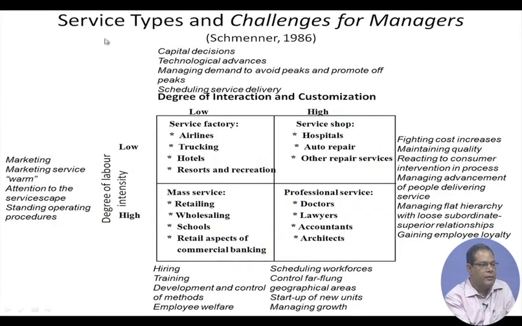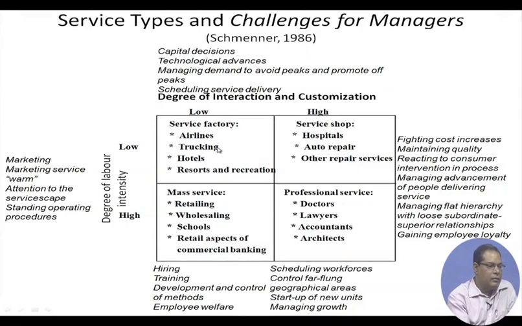What are the service types and challenges for managers? The service types are different types of services which Schmenner gave in 1986. There is the degree of labor intensity and the degree of interaction and customization, each of which may be low or high.